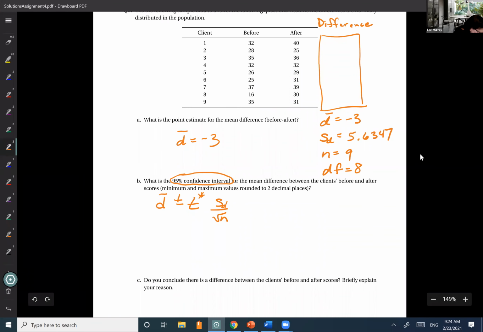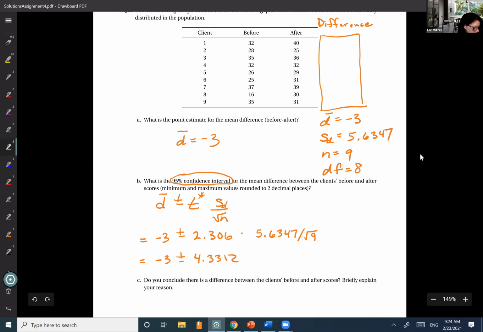So this equals -3 plus or minus 2.306. And then we're going to multiply that by 5.6347, divide by the square root of 9 clients. That ends up equaling -3 plus or minus, I get 4.3312.